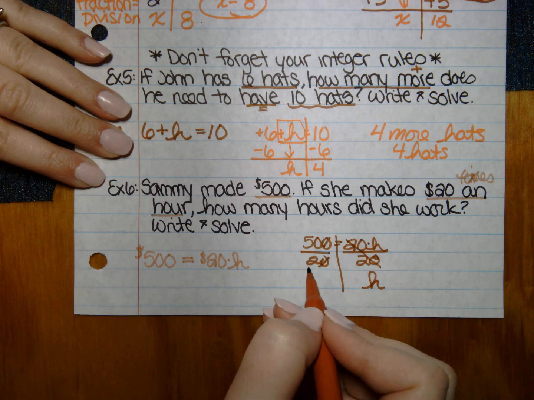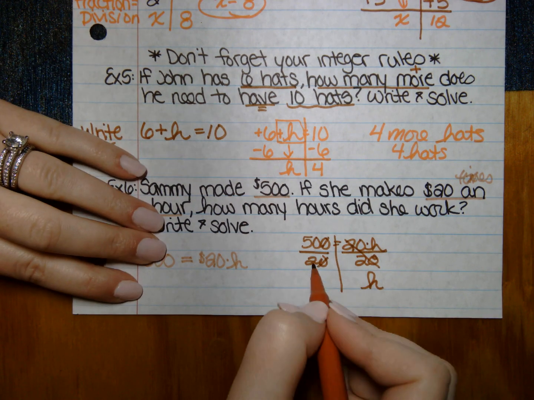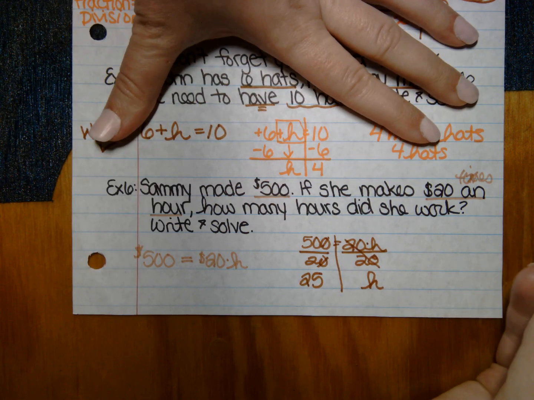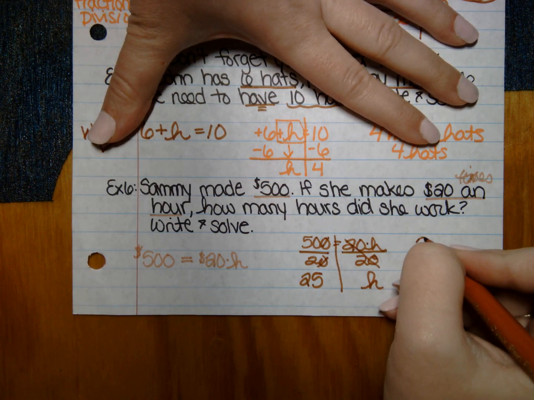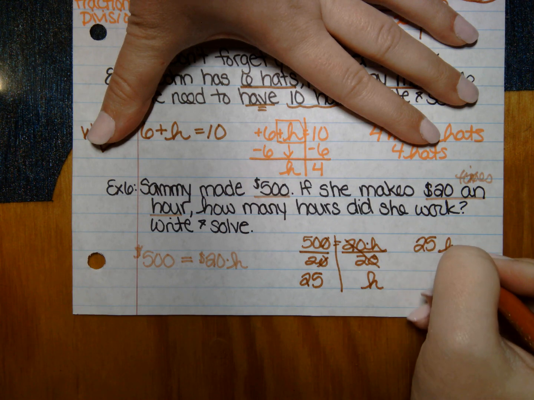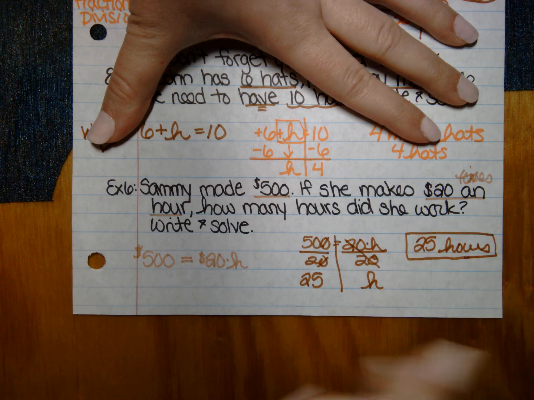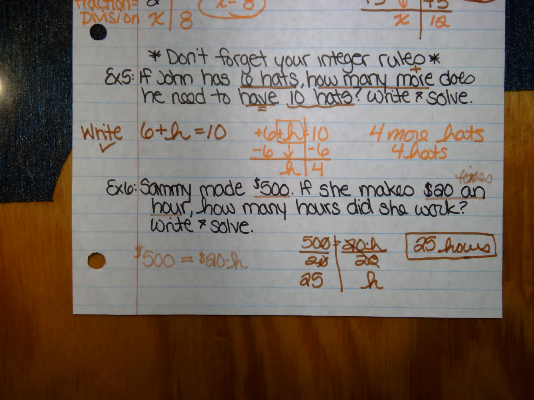So now I have 50 divided by 2, so half of 50 is 25. So that means that she worked 25 hours in order to make this $500.